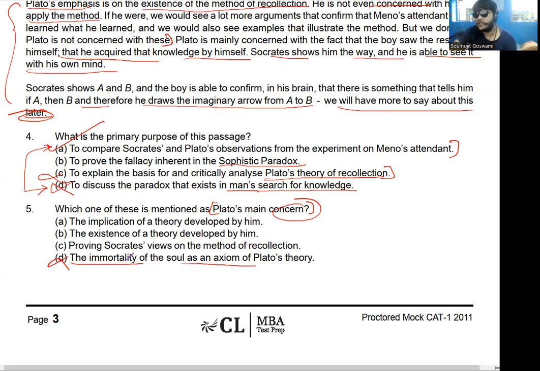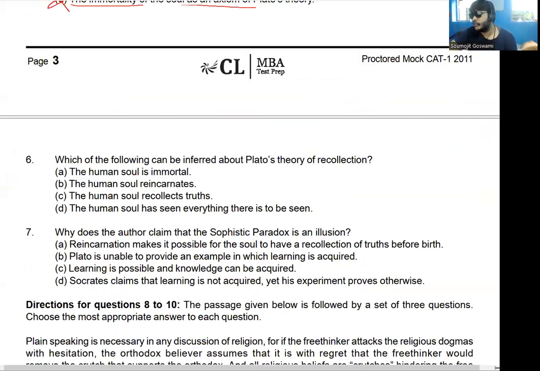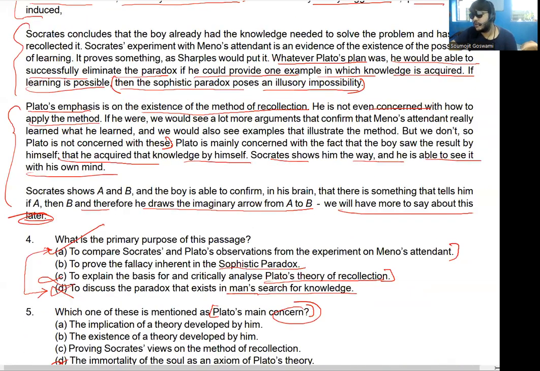It is actually given in the last paragraph: Plato's emphasis is on the existence of the method of recollection. He's not concerned with how to apply the method. He's just happy that the method exists. Okay, so soul and anything else of that sort is out of the picture.